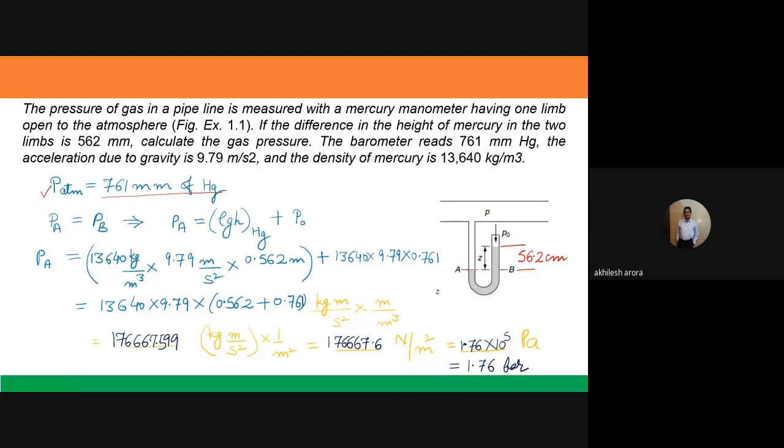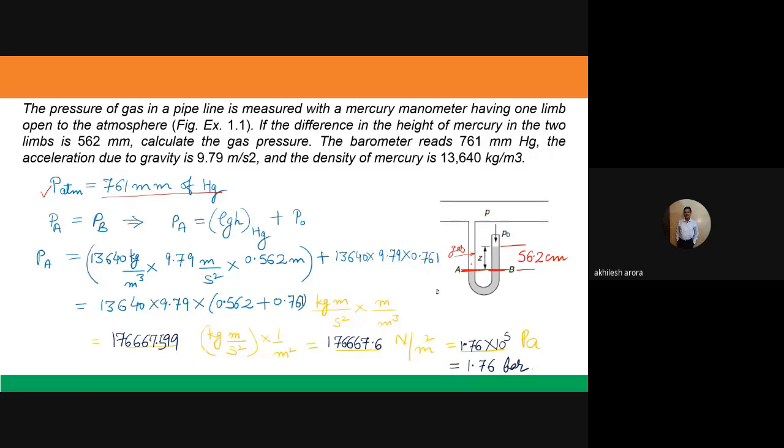See, if I take this particular cross section here, A, and this B, both are separated by the same fluid actually. Here you have the gas, and here we have the mercury. So we have to see at which point in both the limbs there is a single fluid, or there is a separation of one fluid.